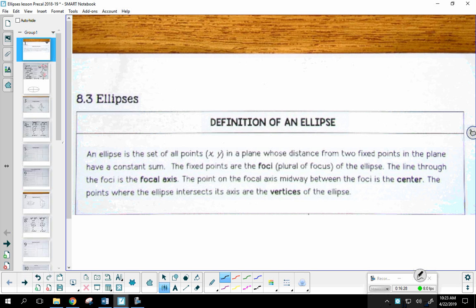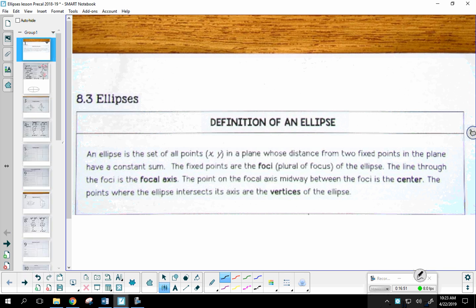All right. So let's talk about some ellipses here. An ellipse is the set of all points in a plane whose distance from two fixed points, which are going to be known as our foci, or focal points, in the plane has a constant sum. The fixed points are the focal points. So an ellipse is going to have two focal points, and they are responsible for constructing our ellipse.